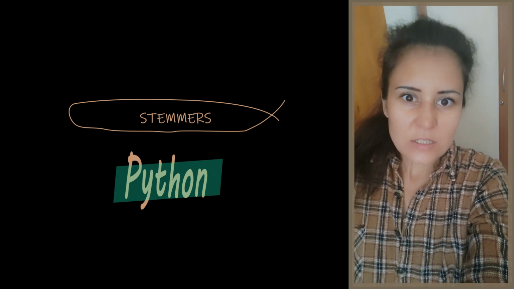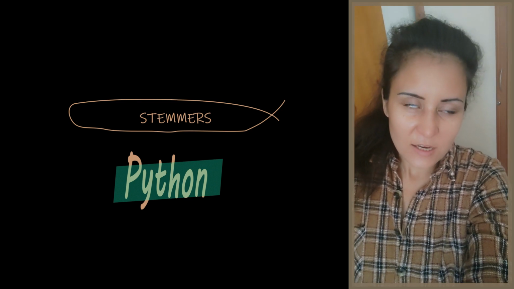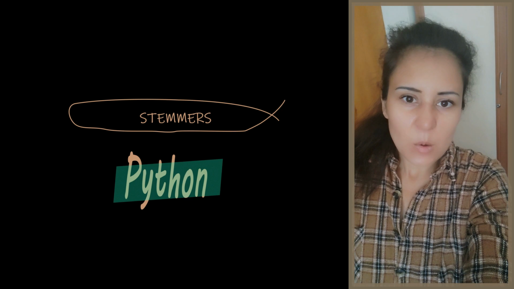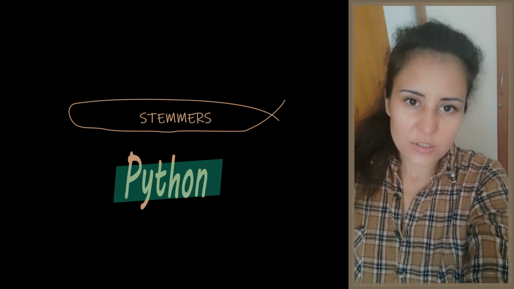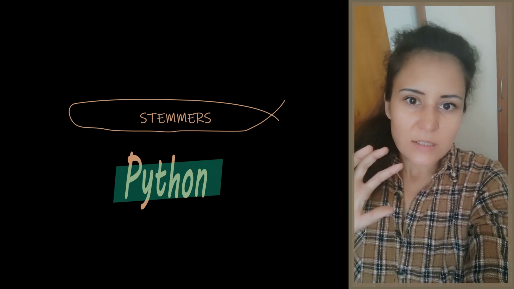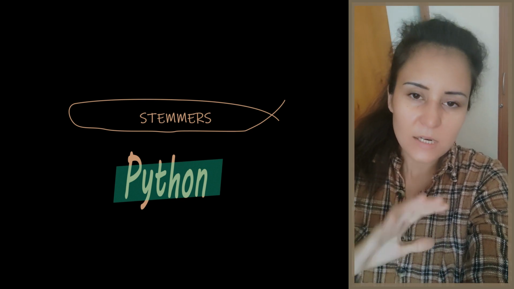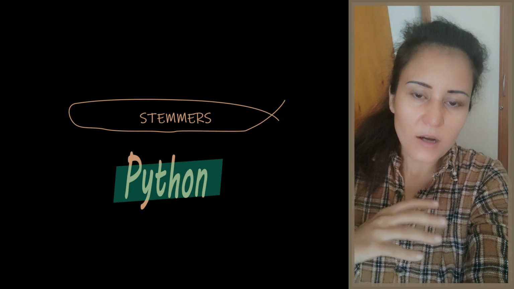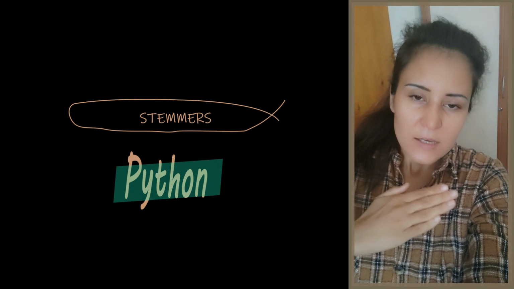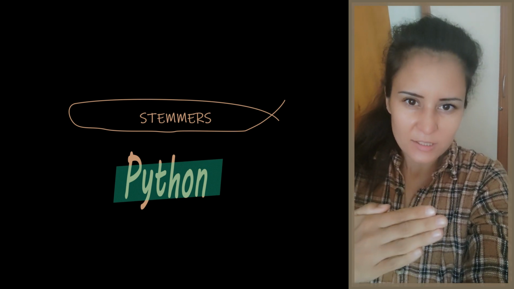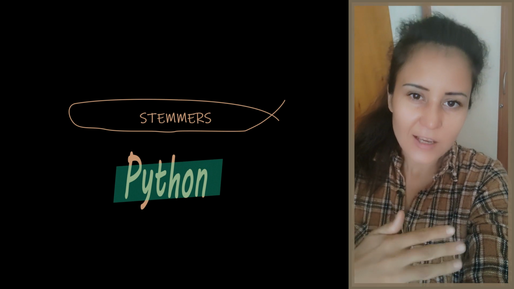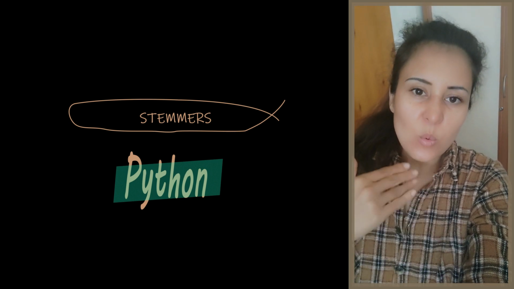Some of the words' roots may not exist. But we're consuming those words. So stemming is all about word normalization, let's say. Using NLTK, we normalize the words.